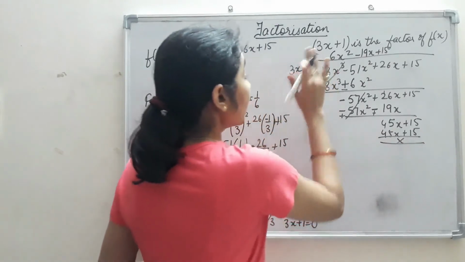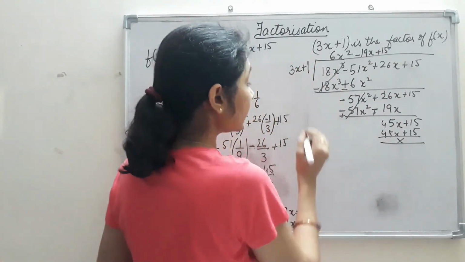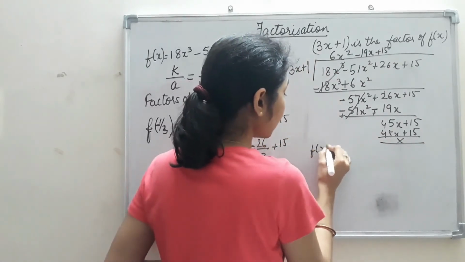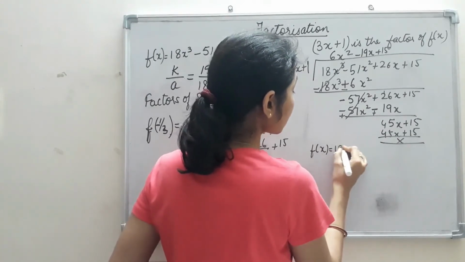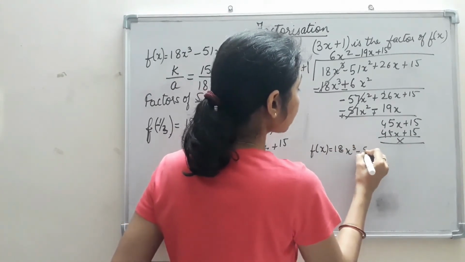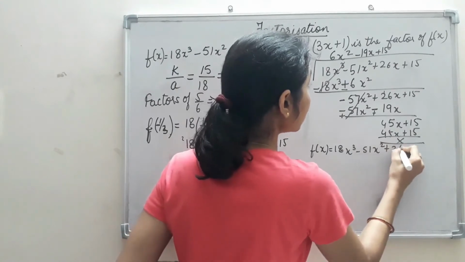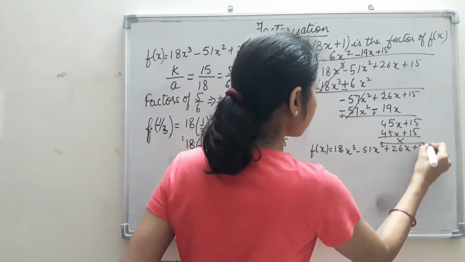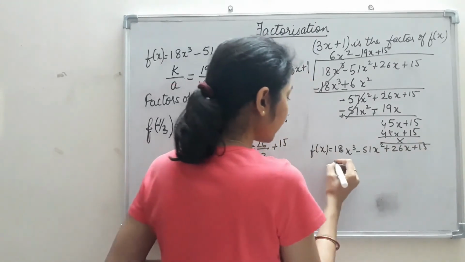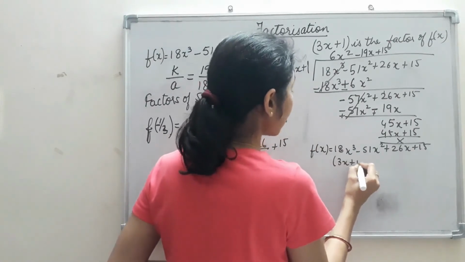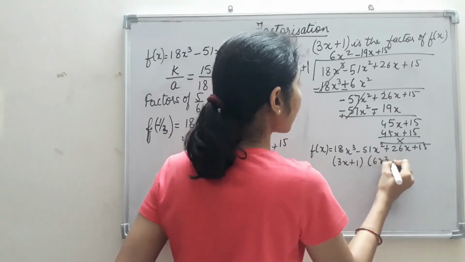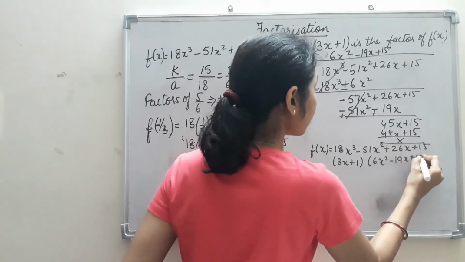Now f(x) is 18x cube minus 51x square plus 26x plus 15. For that we have got one factor as 3x plus 1 and the other factor as 6x square minus 19x plus 15.